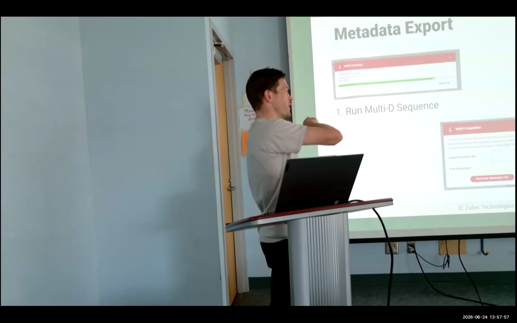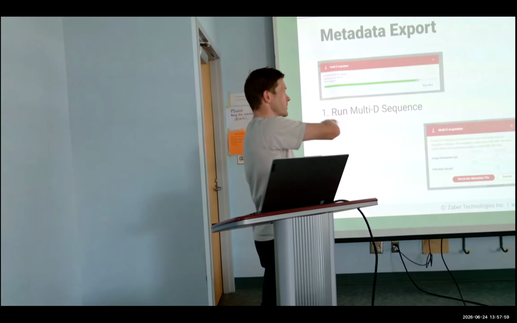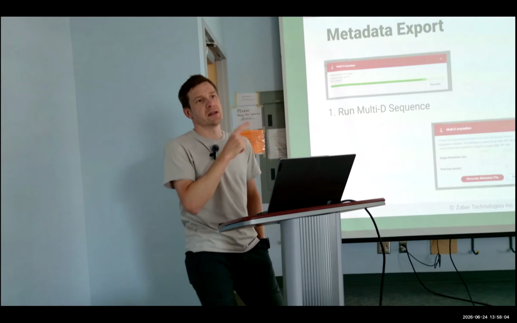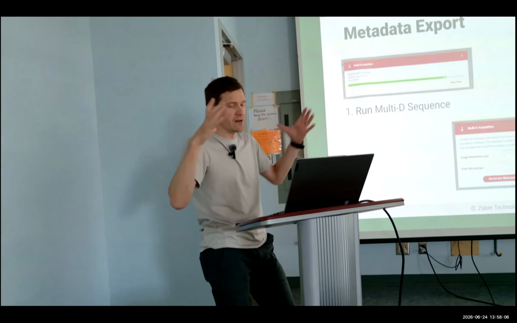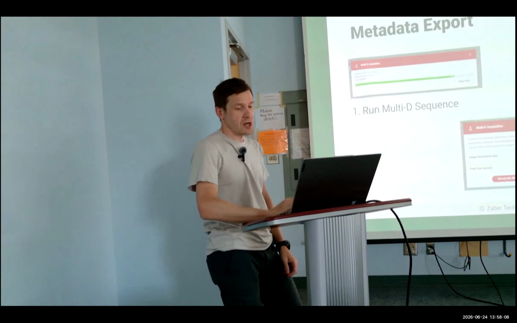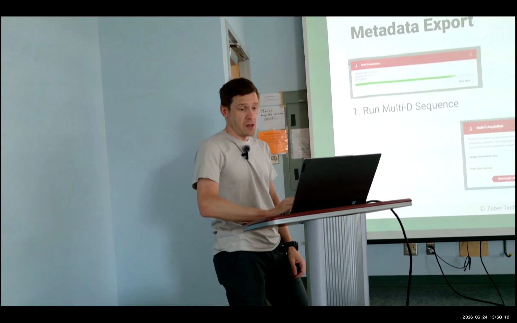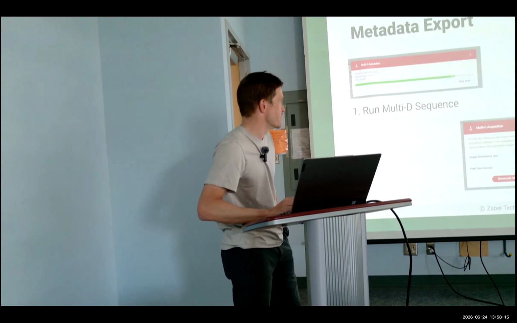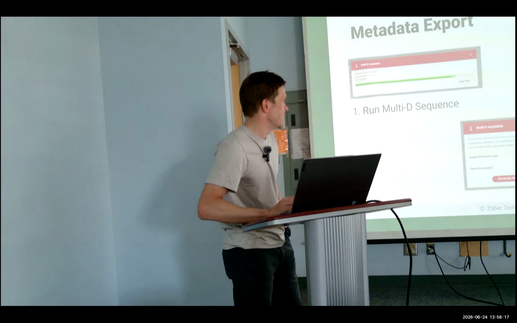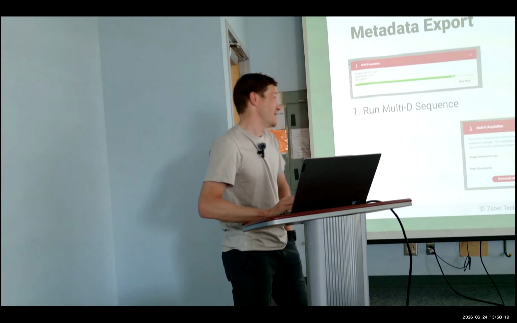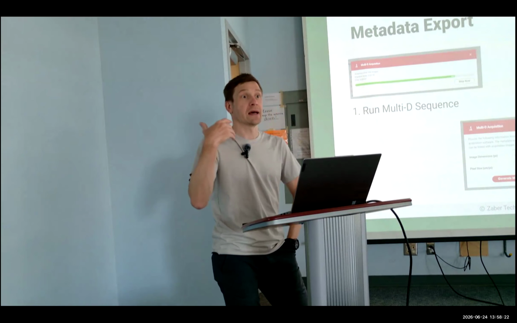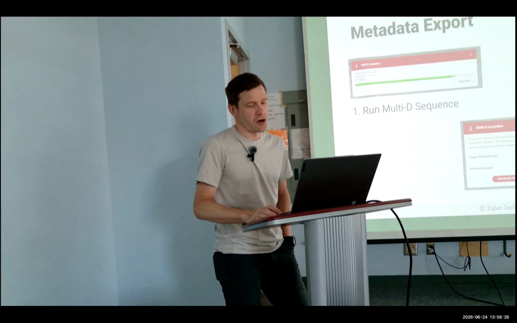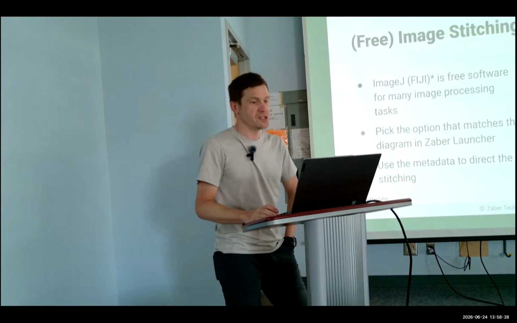Then one of the things we just added as well is the ability to export the metadata, which is very handy to help you do automated image stitching. So again, if you're trying to stitch a big image, the camera that we have left behind, those are the parameters that you want to feed into this box here. That writes those to the metadata, so that third-party software can automatically stitch your images.